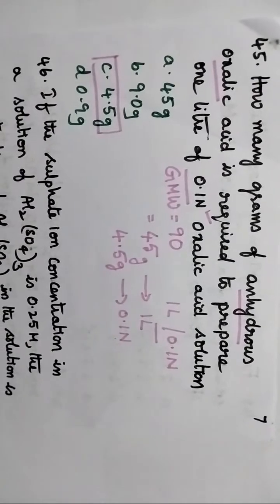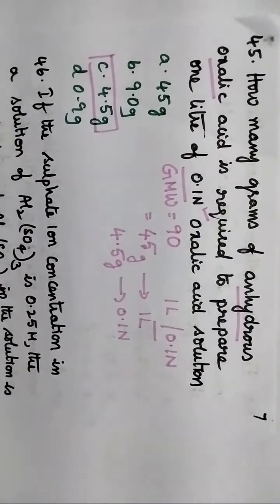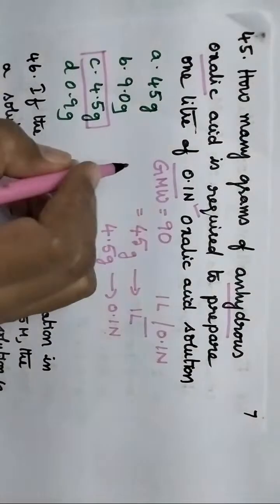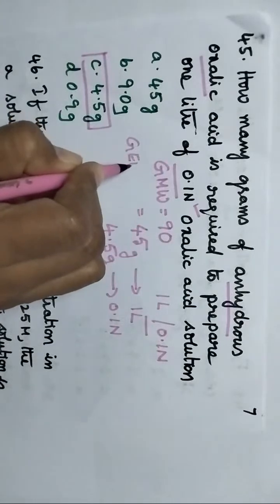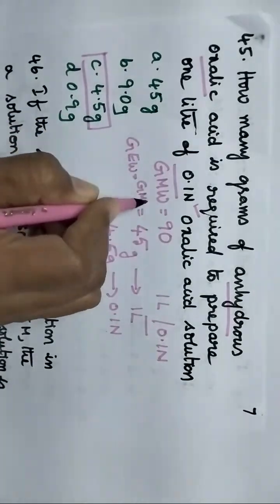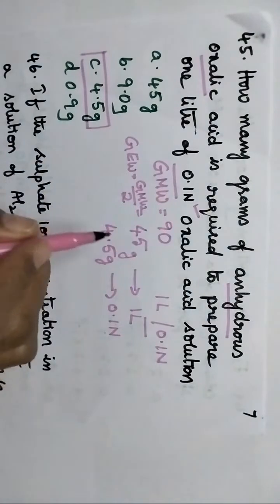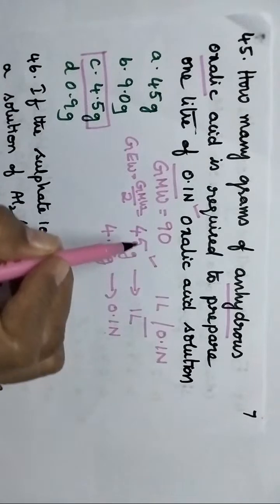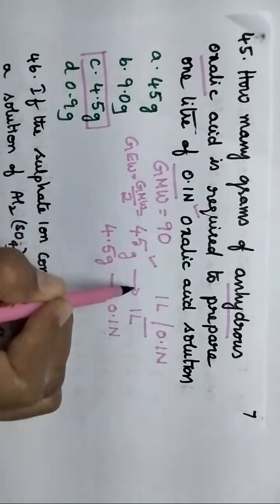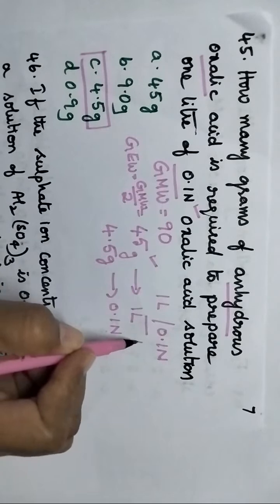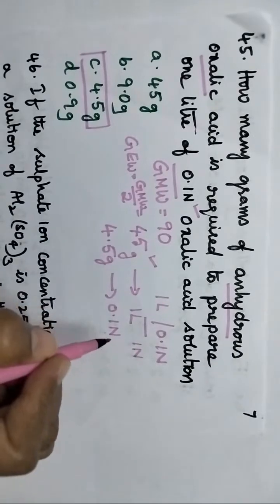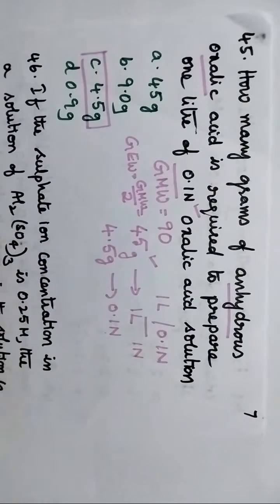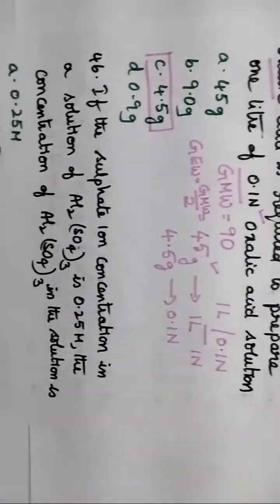In this way we can do calculation very easily through the logic. Gram equivalent weight is equal to gram molecular weight by 2. So for anhydrous oxalic acid, equivalent weight is 45 grams. That means 45 grams of oxalic acid is required to prepare 1 normal solution in 1 liter. So for the preparation of 0.1 normal, we require only 4.5 gram. Very good. Suhani, very good.